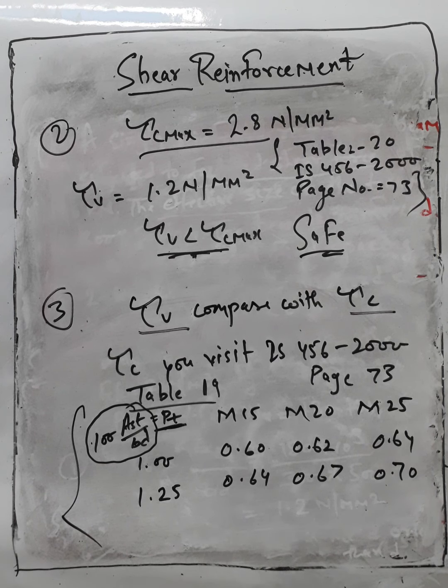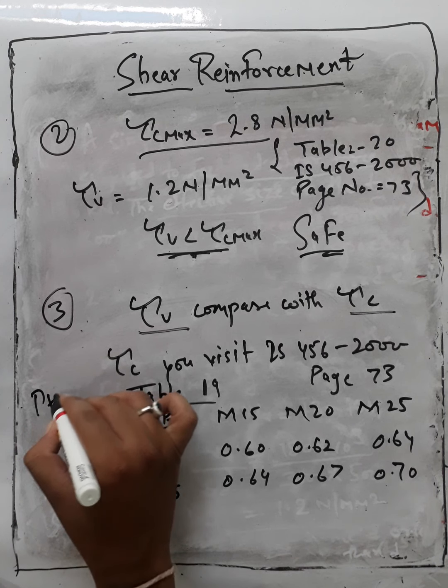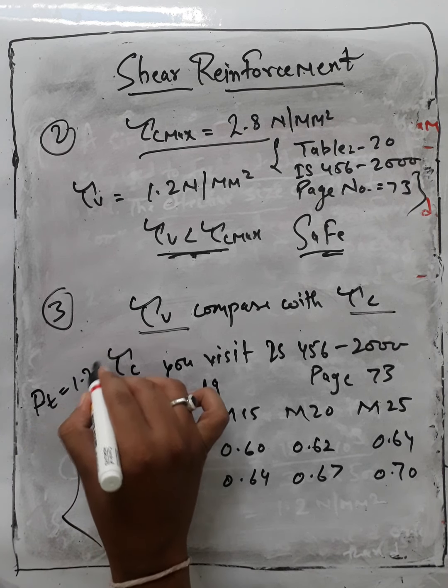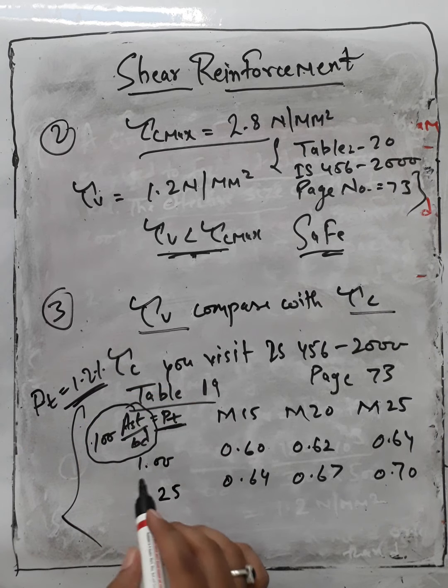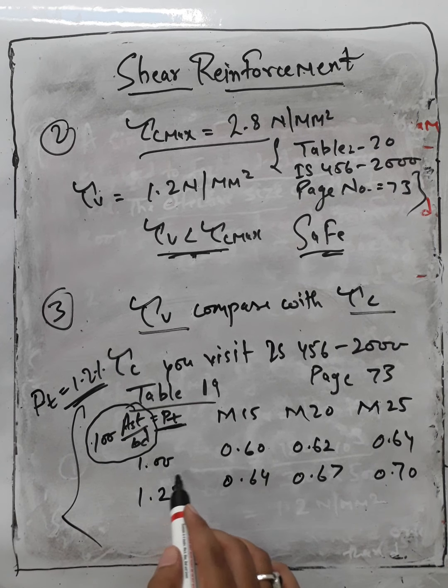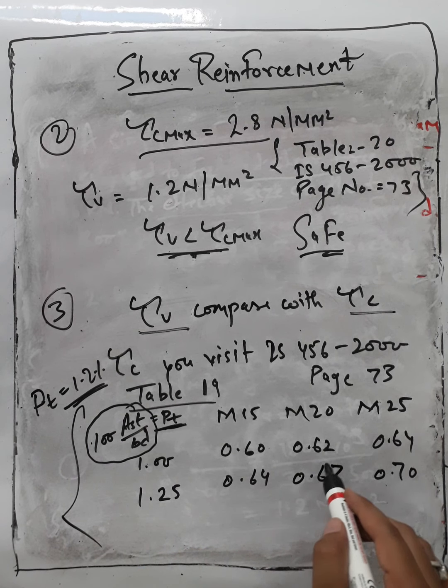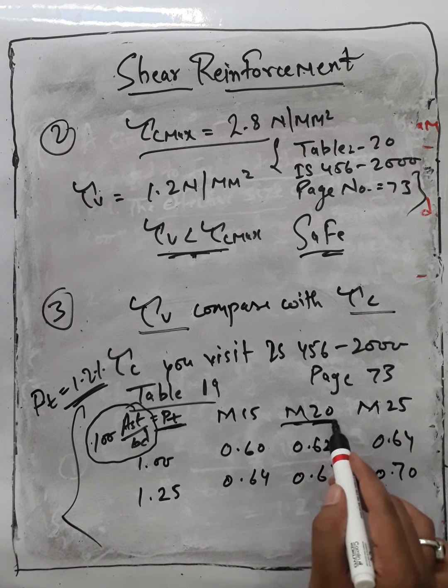In our case we have pt equal to 1.2%. 1.2% means this value lies between 1 and 1.25. So we have to find the value of tau c for M20, because we have M20 in our problem.